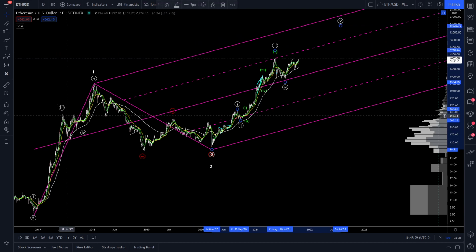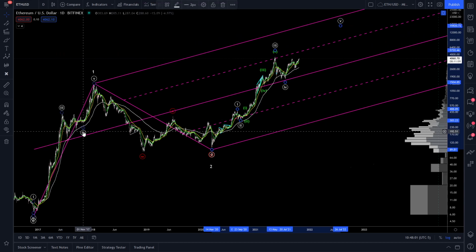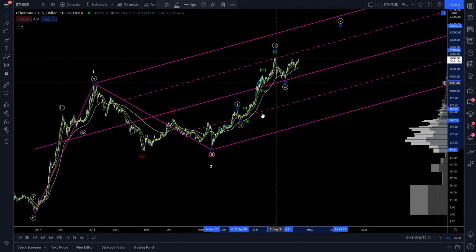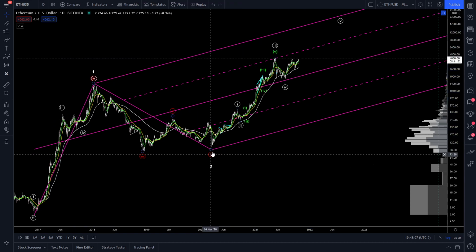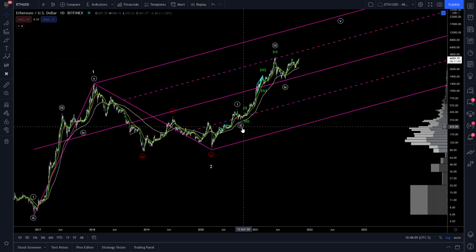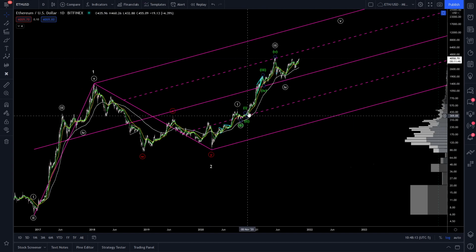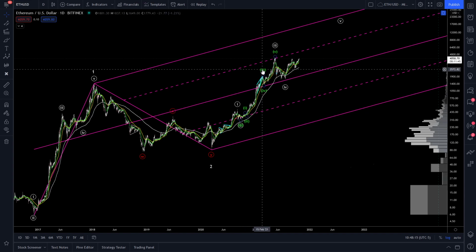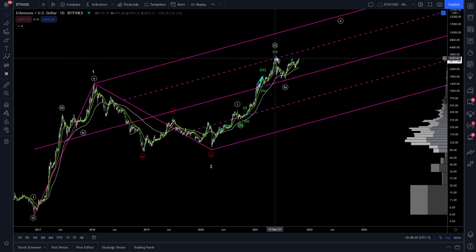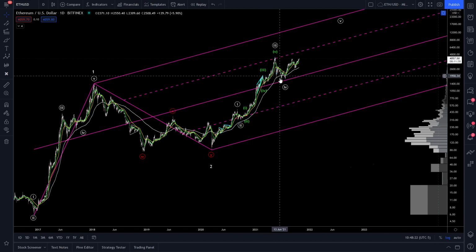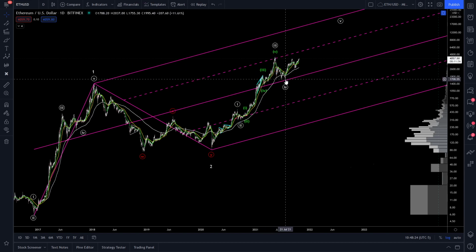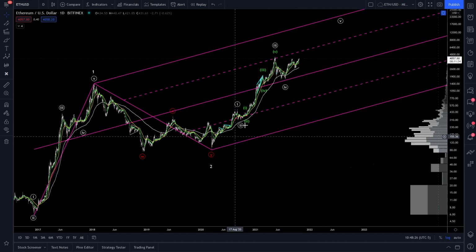But now that I've taken a look and noticed this fractal from the last year, and the way that I counted this as a fourth wave, I think this count makes a lot more sense. So we have our 1, 2 of the higher degree, and then the subdivision for the third wave is 1, 2, 3. We get an ending diagonal in the fifth of the third there. You get the 4, run up for the 5, and now we've done the fourth wave for the bull cycle that we're in.